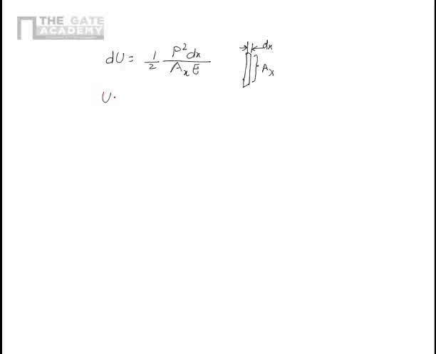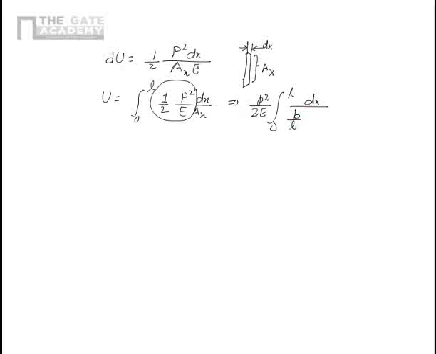Now to get the value of U, I integrate for the whole length 1 upon 2 P square dx upon EAx. I write it in another way so that this can be taken as a constant. I take the constant out from the equation, 0 to L dx upon Ax. Now what is the value of Ax? Ax is nothing but B upon L x into t. This is what I know from the previous page.